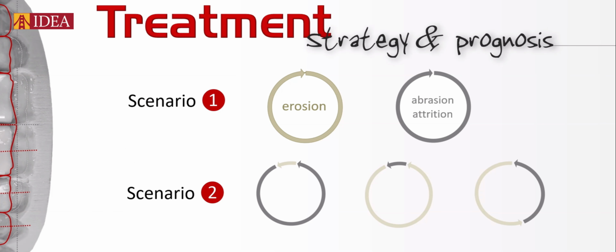The first element is to understand that we cannot in fact consider tooth wear as being just a single factor. We found in the past that it would be either erosion or abrasion attrition, so to speak, chemical or mechanical wear process. It's very different actually. Most patients present a combination of the two types of risk factors.